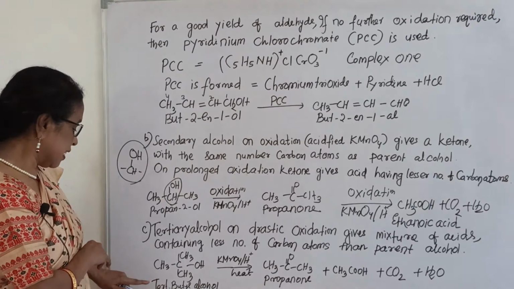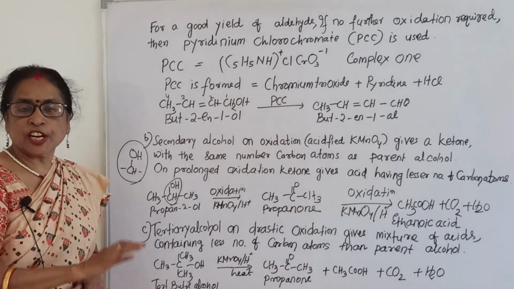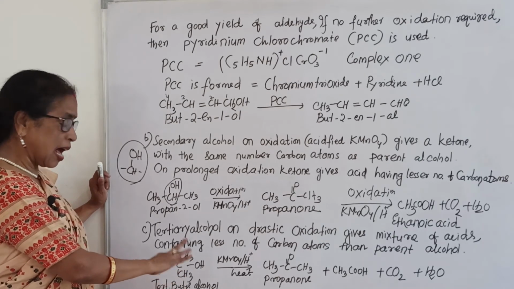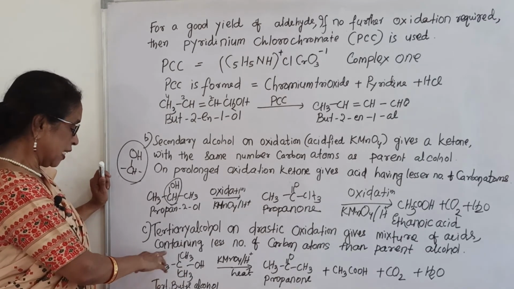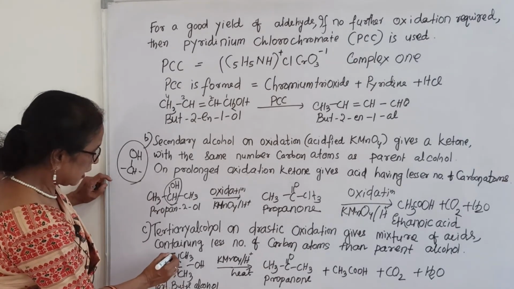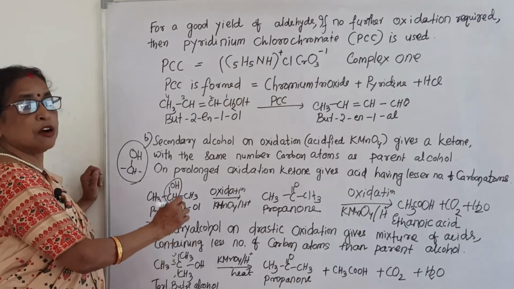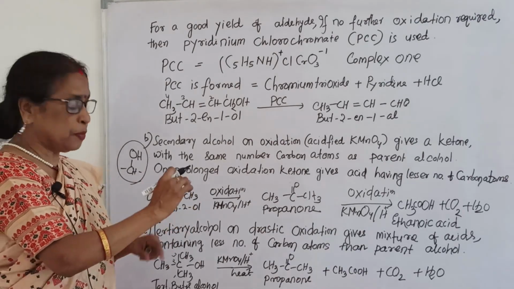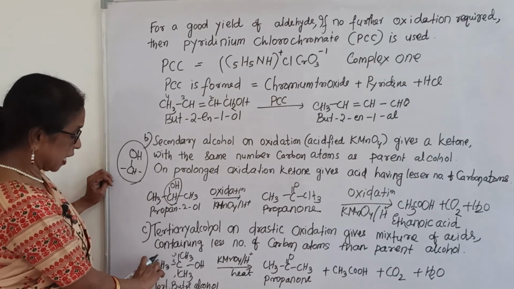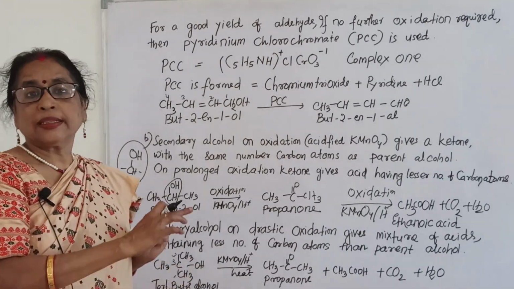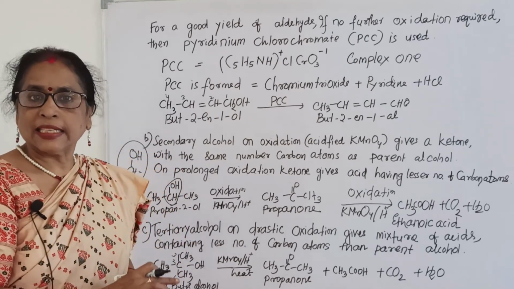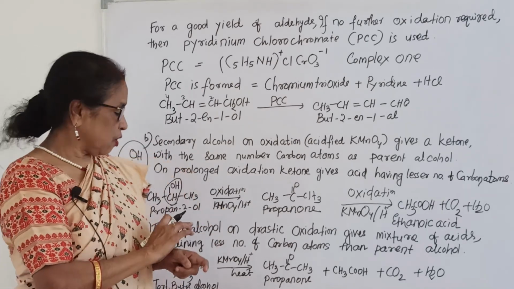Now see here, tertiary butyl alcohol which contains 4 carbon atoms. What is the IUPAC name? Here 1, 2, 3, that means 2-methylpropan-2-ol: a methyl in the 2 position and an OH group in the 2 position, that is why it is known as 2-methylpropan-2-ol, that is tertiary butyl alcohol.